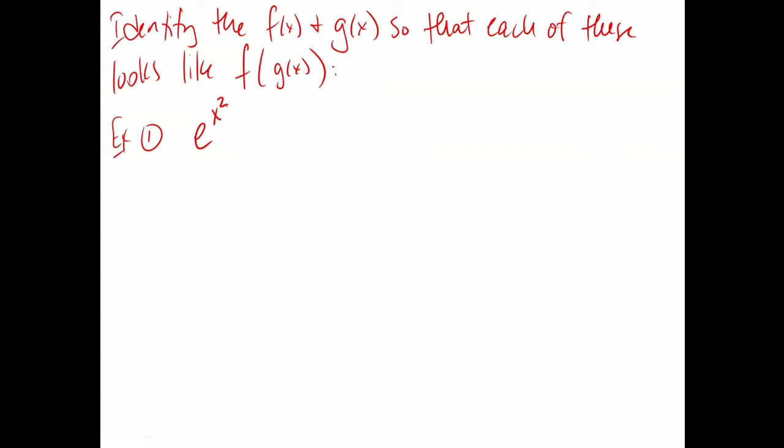And in fact, I don't think you really have any great way of knowing this. It's not in the chart. E to the x is in the chart, but e to the x squared is not. And it's not a product. It's not e to the x times x or something like that. Like, it's not one thing times another thing. So it's not the product rule, and it certainly isn't the quotient rule because I'm not dividing here. So this is a problem where if I asked you what is the derivative of this, you don't know the answer right now. And we're not going to know the answer for a little bit still.